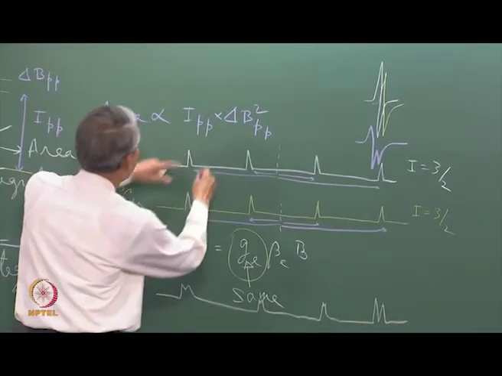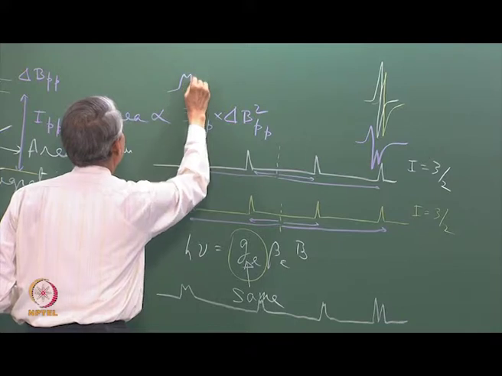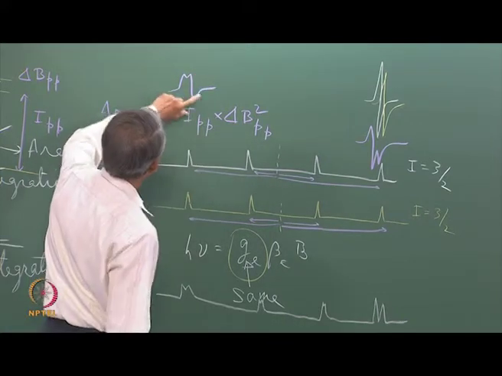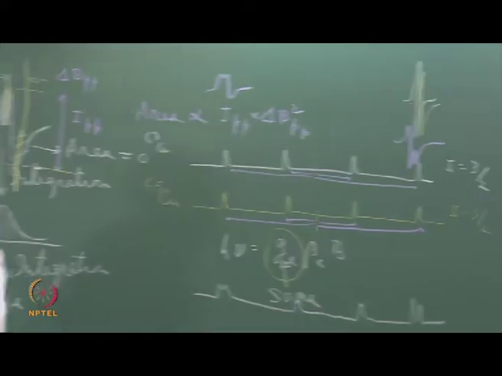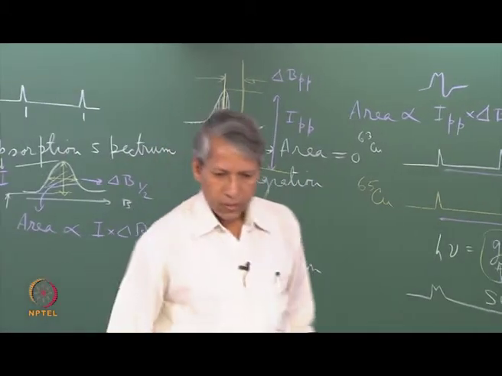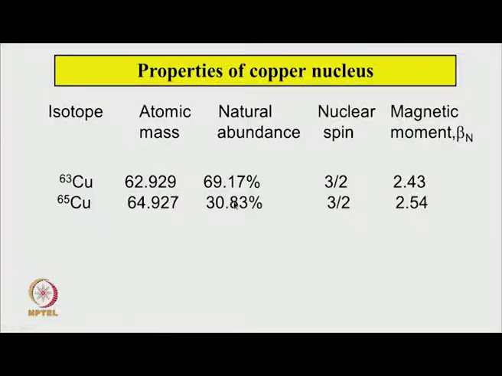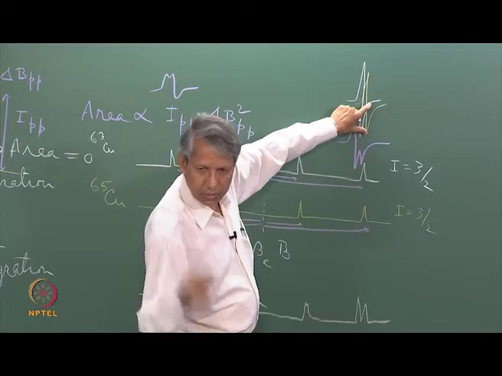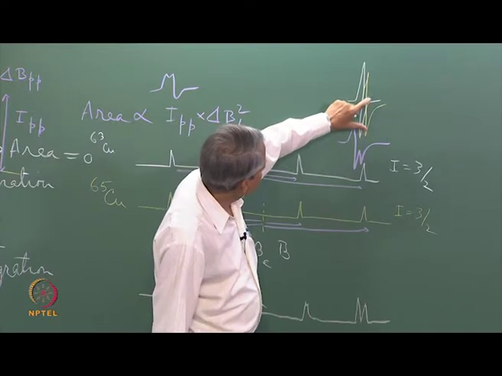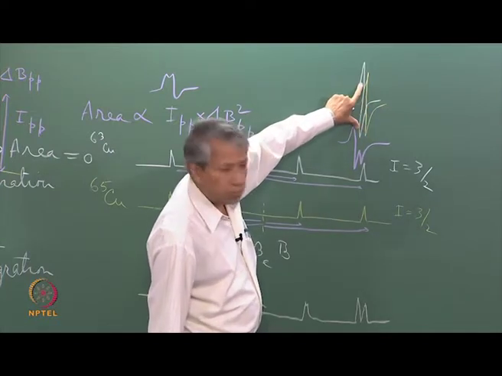Here the lines are broad, so what we see is a small hump and a not so well resolved line here. What is more, you see that copper 65 has about 31% natural abundance and 63 has 70% or 69%. So, the contribution of this will be somewhat smaller, by exactly the same ratio. 30% intensity will come from here and 70% will come from there.